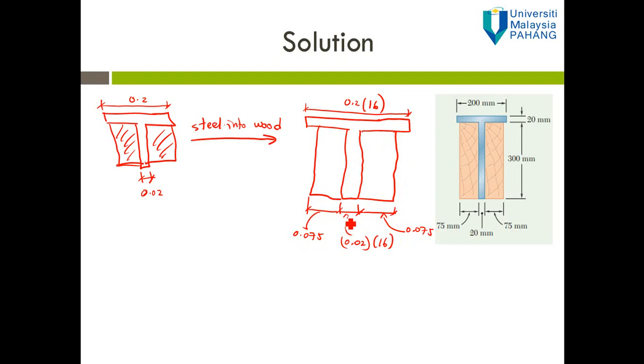Because we convert steel into wood, the width of the steel must be multiplied by 16. The same here, this is also steel. Now after transformation, we can consider this as a homogeneous beam.